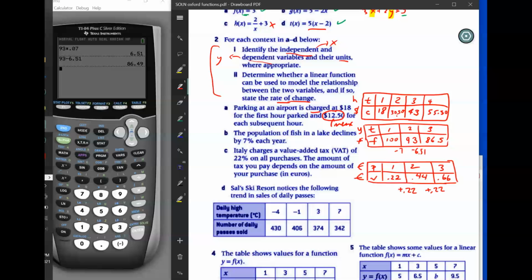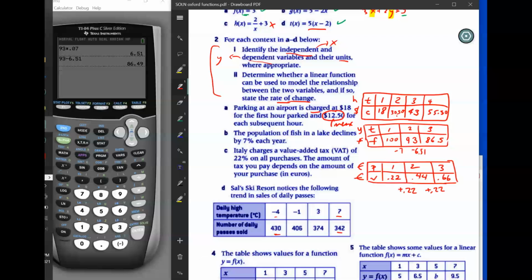Sal's ski resort notices the falling trend in sales of daily passes. So if the high temperature is very cold, then there are more passes sold, right? Because if the temperature is 7 Celsius, which is slightly warmer, then only 300 passes. If it's negative 4 Celsius, much colder, it's going to be 430 passes. Okay?